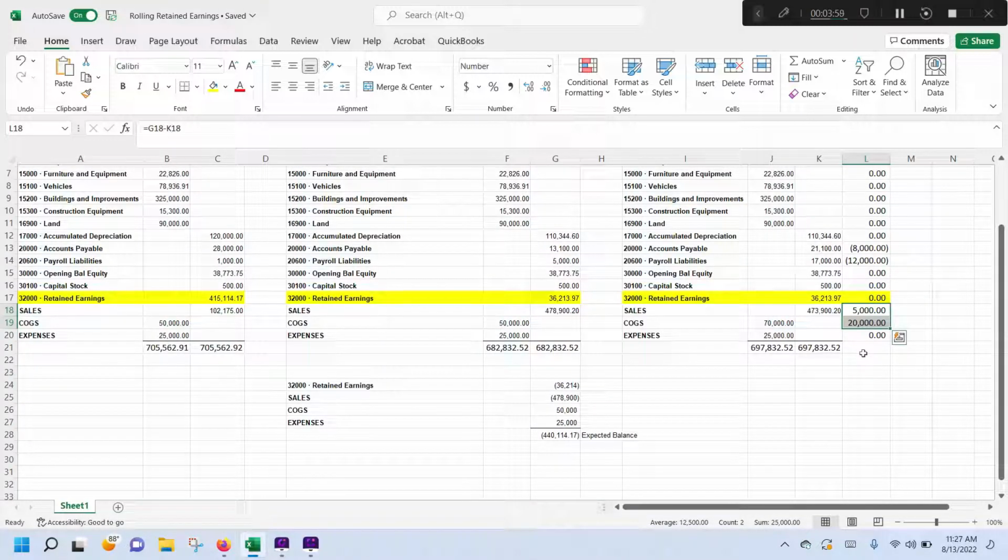You essentially decreased net income by 25,000, which rolled through the retained earnings balance, causing it to be off because it should be 440. Instead, it's 415, which is 25,000 less, meaning you had more expenses or less revenue that caused that difference. So that's how you determine the difference.